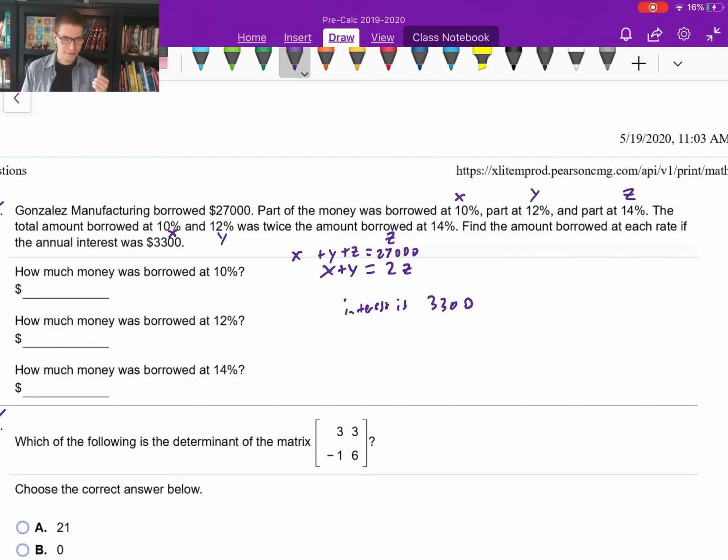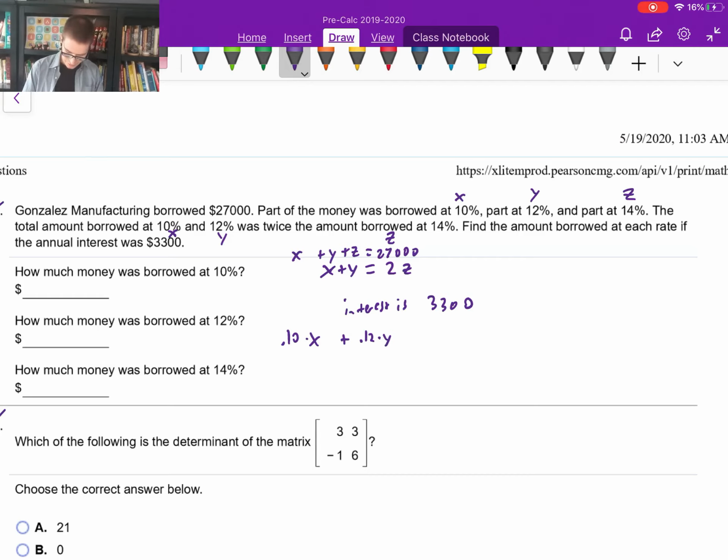The interest would be the amount of interest for x plus the amount of interest for y plus the amount of interest for z. But the amount of interest for x would be 10% times whatever they borrowed. So 0.10 times x would be the amount of interest for x. Then we'd add that and say 0.12 times y would be the amount of interest for y.